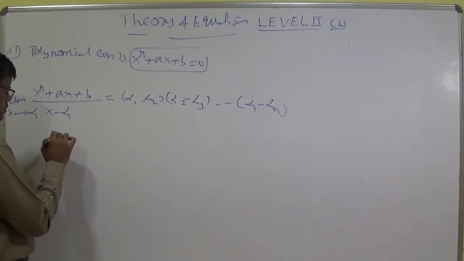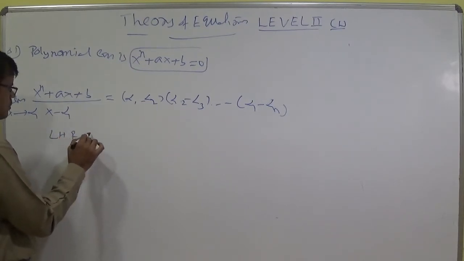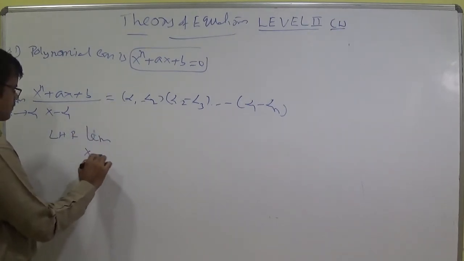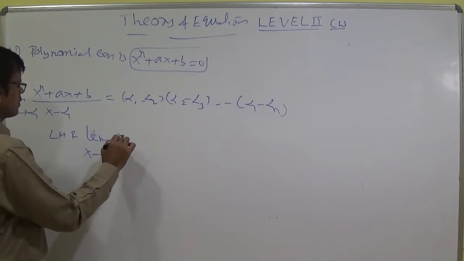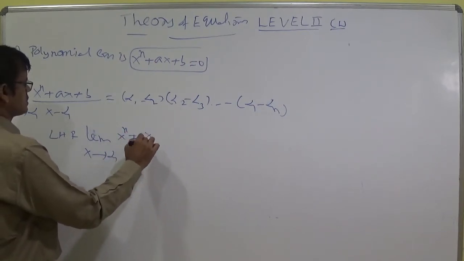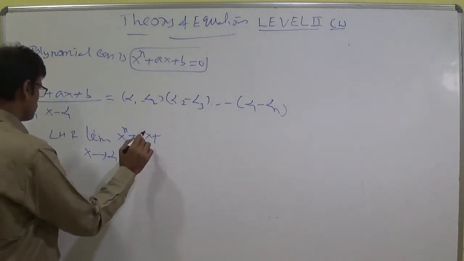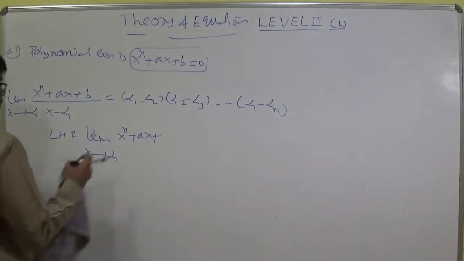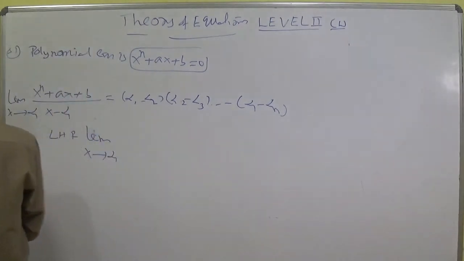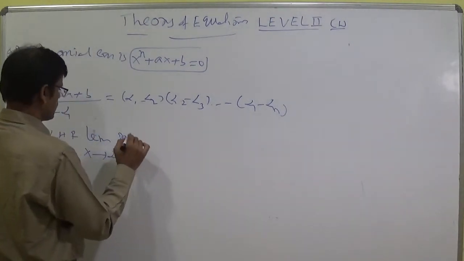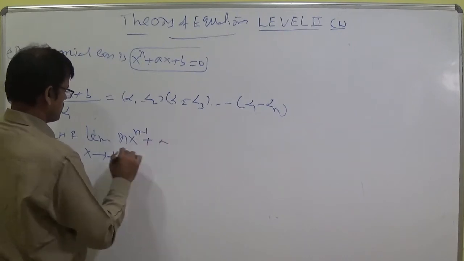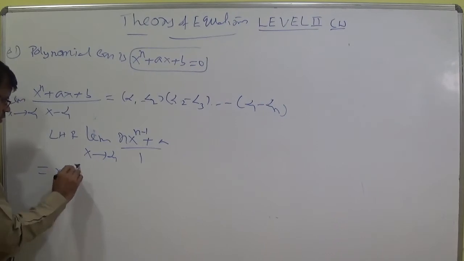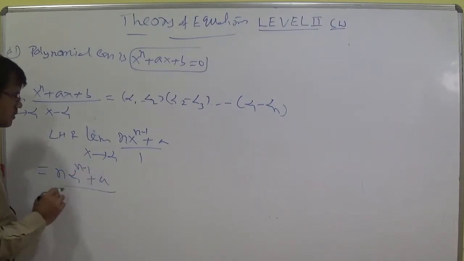Now you can use L'Hospital's rule, LHR, which means taking the derivative of numerator and denominator. This can be written as n into x power n minus 1 plus a, by 1. Substitute alpha 1 here: n into alpha 1 power n minus 1 plus a.